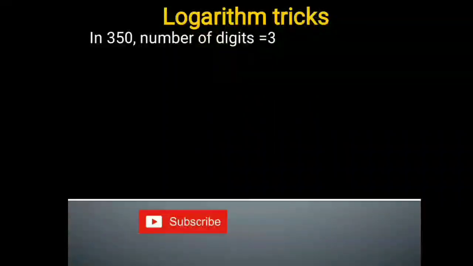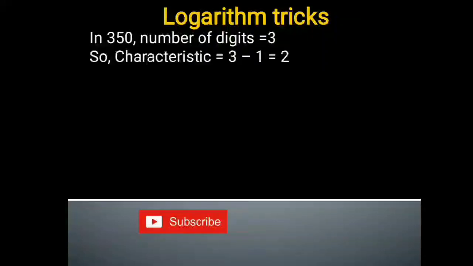Now how can you find log 300? Again the same procedure. Number of digits is 3. Characteristic value is 3 minus 1, 2.